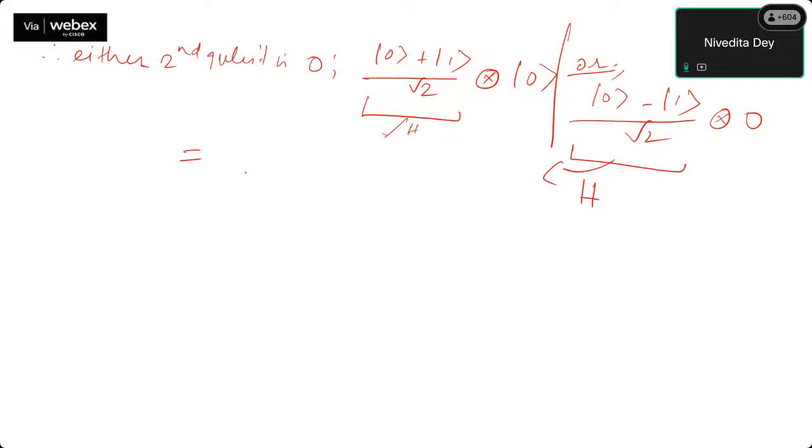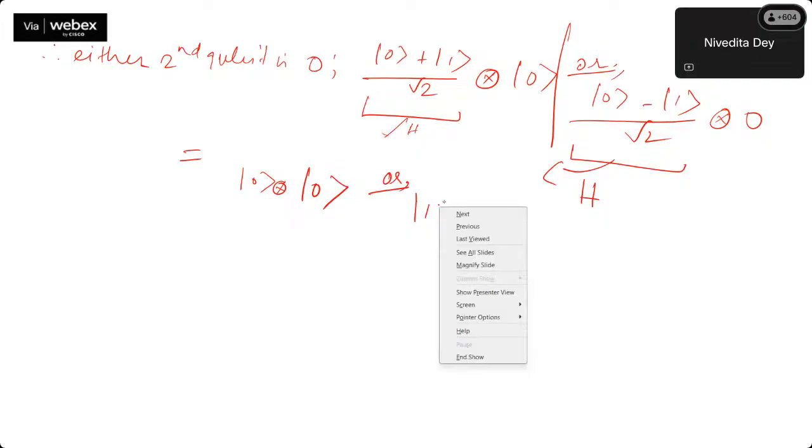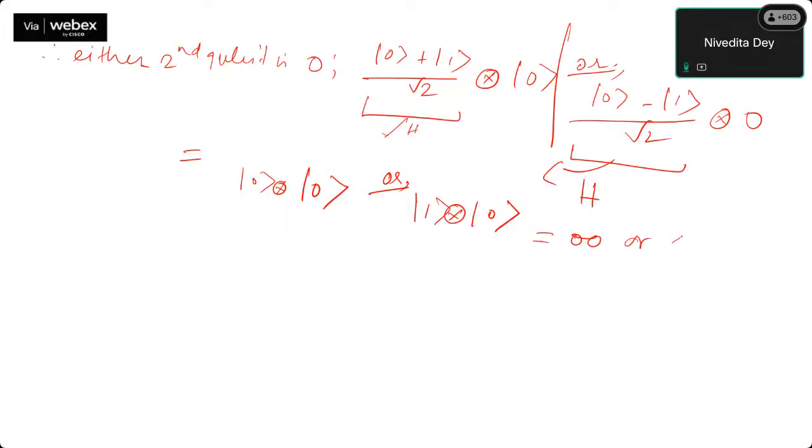It will look like ket 0 product ket 0, or it can be ket 1, or this is 1, 1. So this is either 0 0 or it is 1 0.